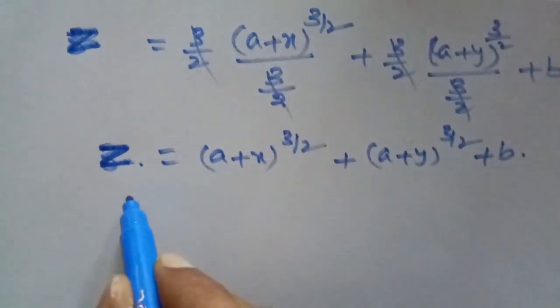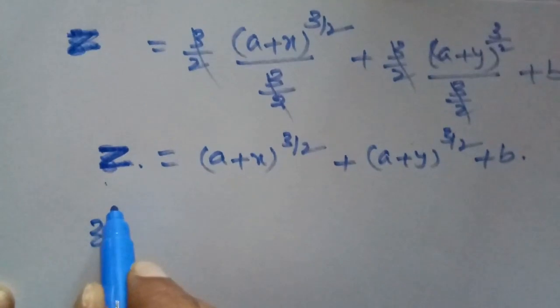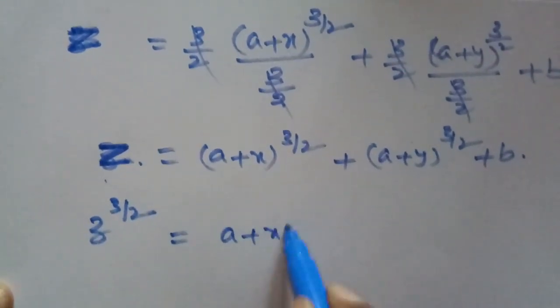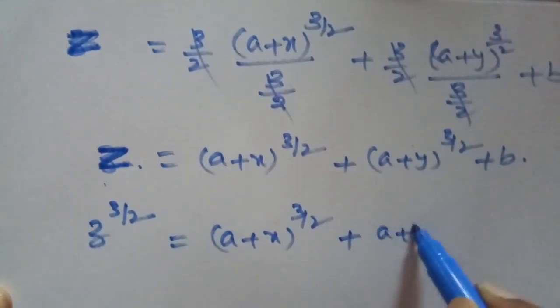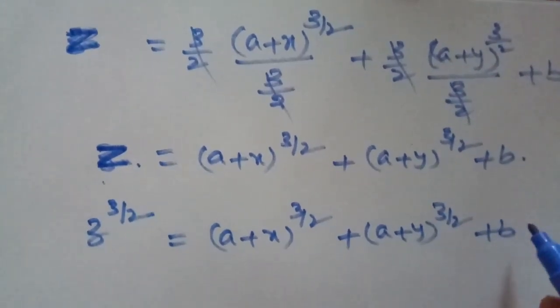Therefore, capital Z is equal to z to the power of 3 by 2, which is equal to a plus x whole to the power of 3 by 2 plus a plus y whole to the power of 3 by 2 plus constant of integration.